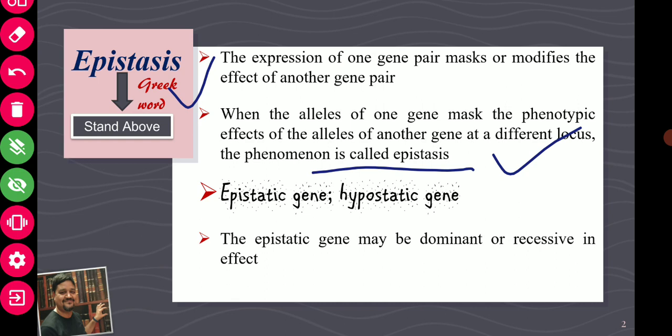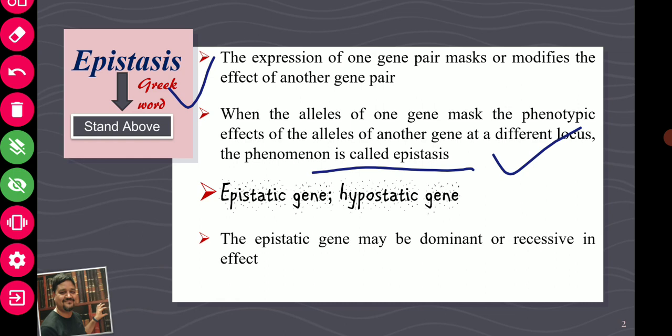So when I am telling that the effect of one gene at one locus is getting suppressed by another gene present at another locus, that means there are two components: the allele or gene whose effect is being masked, and the allele or gene which is masking the effect.